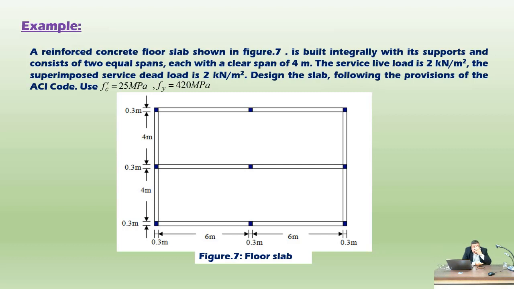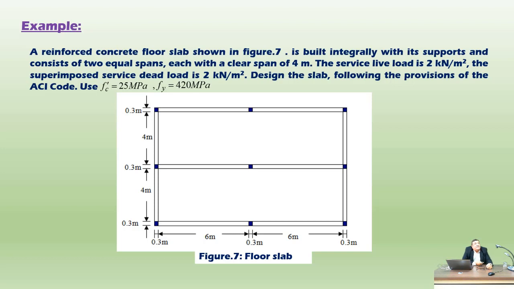Here is an example. A reinforced concrete floor slab shown in figure 7 is built integrally with its supports and consists of 2 equal spans, each with a clear span of 4 meters. The surface live load is 2 kilonewton per square meter. The superimposed surface dead load is 2 kilonewton per square meter.